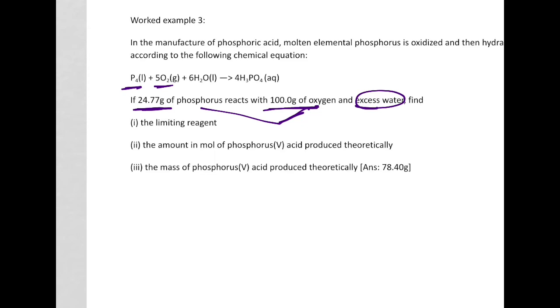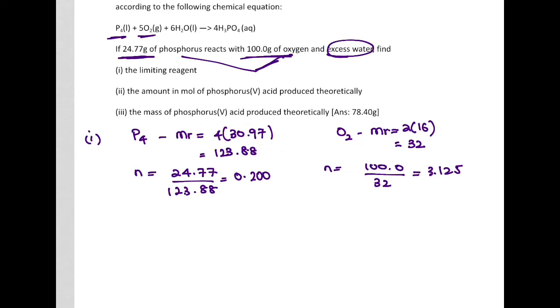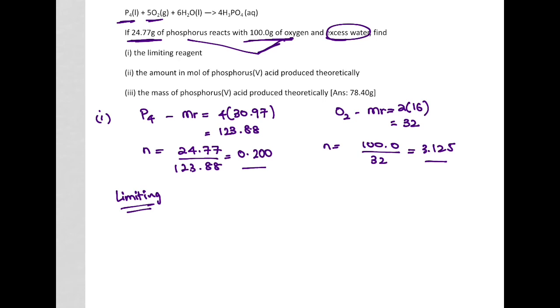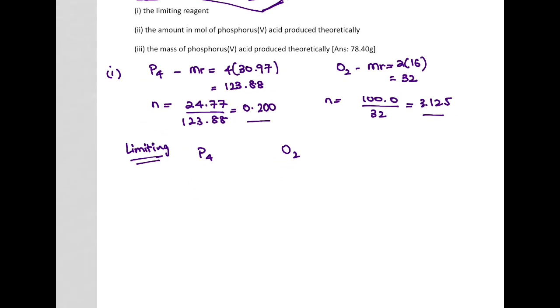We're going to convert the mass of each of them into moles. So using number of moles is mass over Mr, you get the number of moles of both. From the number of moles, now I will need to find the limiting reagent, and for that I'm going to use the equation. So I'm going to write the reagents that we have: phosphorus and oxygen.